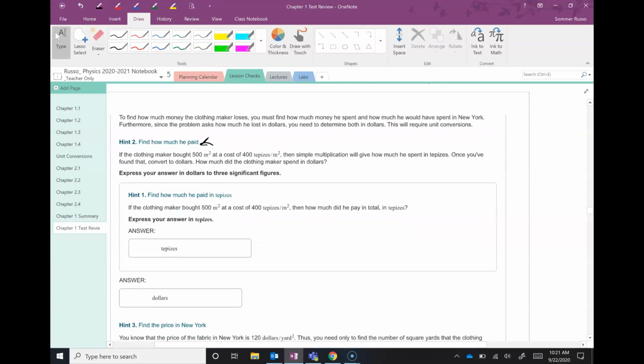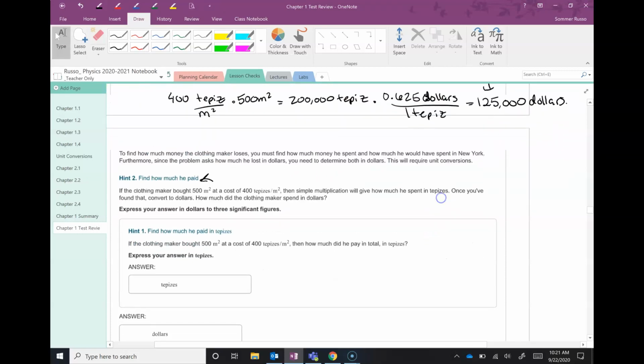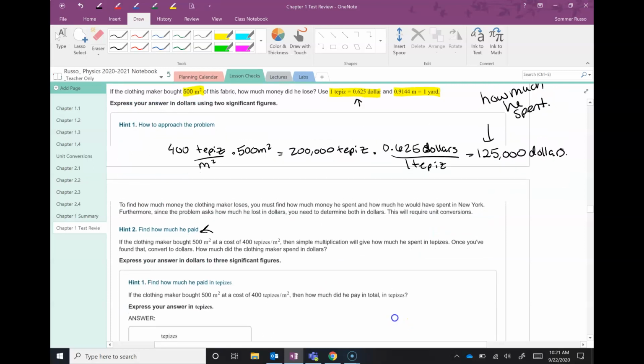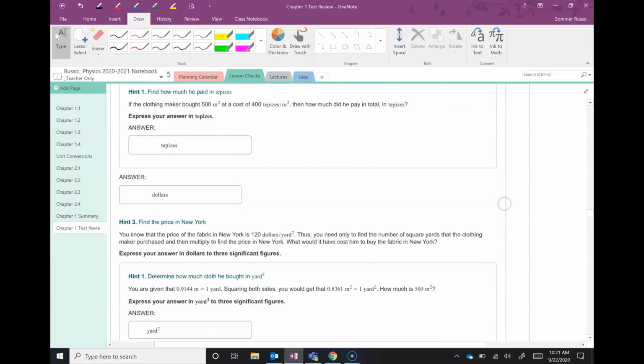And the hint does take you through everything. How much did he pay in TEPs? That would be this 200,000. And then how much did he pay in dollars? That's $125,000. We now want to look at the price in New York. Let's see how much cloth he actually bought in New York terms.